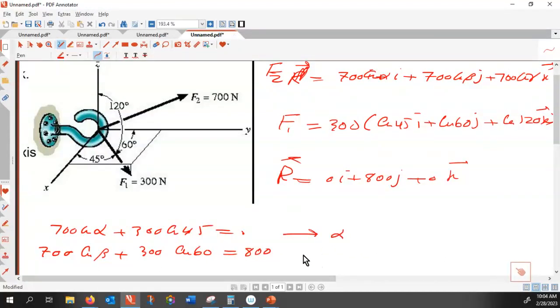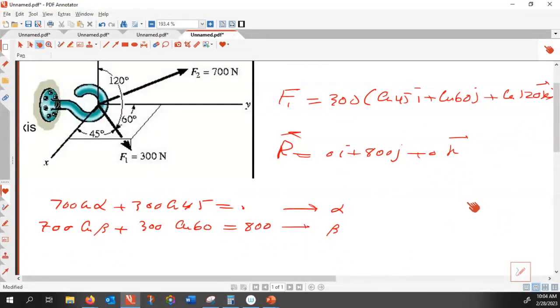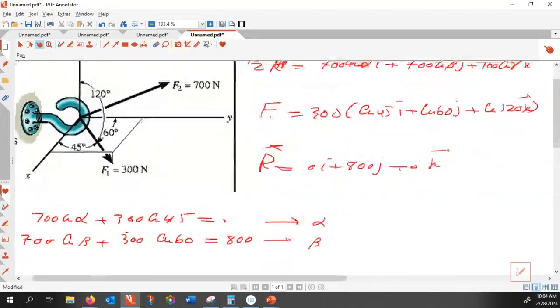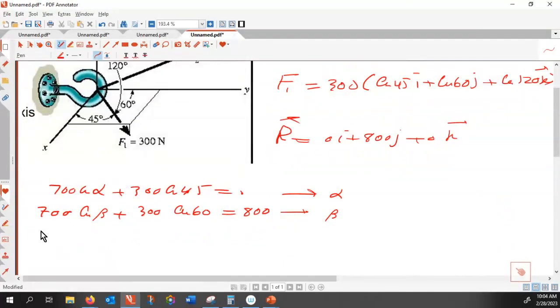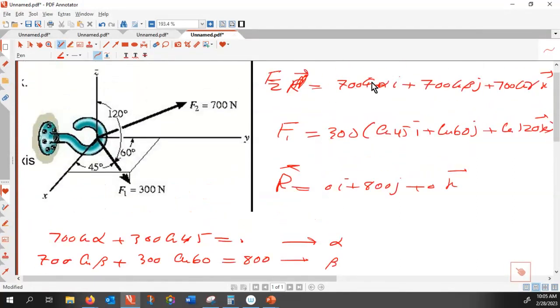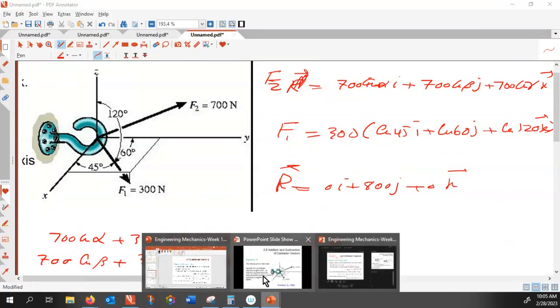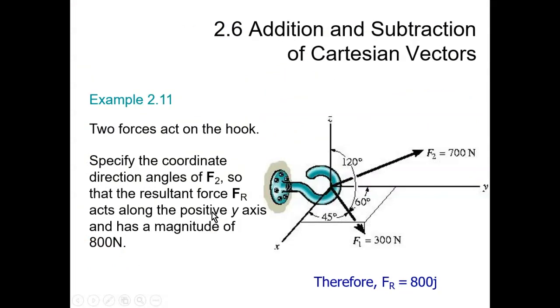Okay, so this one gives me alpha, this one by solution gives me beta, and finally the z component is 700 cos gamma. Sorry, what about R? Because the problem is saying the resultant is only in the positive y and magnitude is 800.